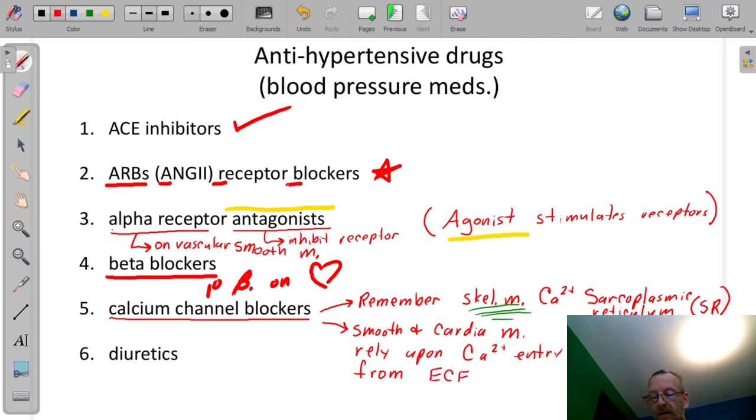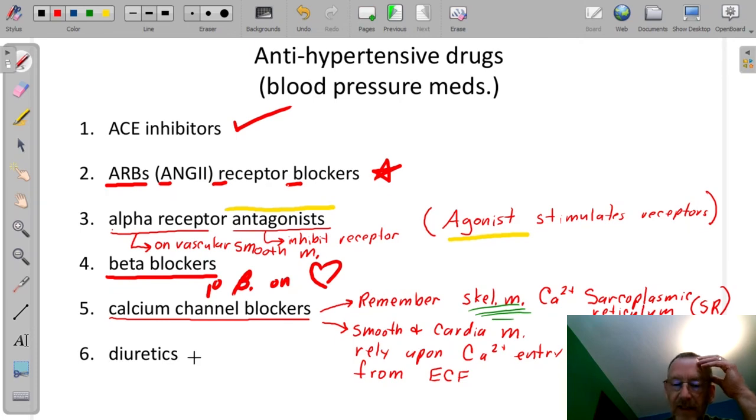And it has to come through the cell membrane through calcium channels. Well, if you block those calcium channels, you restrict the amount of calcium that enters the heart muscle, so it doesn't contract as hard. And you restrict the calcium that can enter the vascular smooth muscle, so it cannot vasoconstrict as hard, so that helps to lower blood pressure.